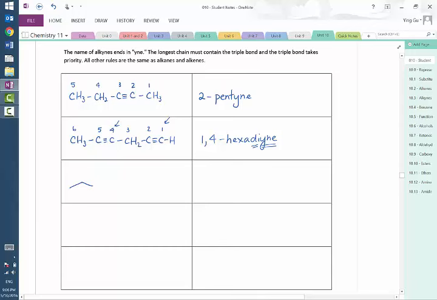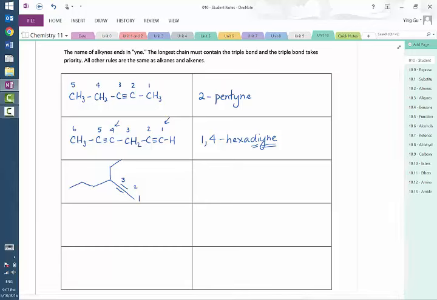Let's go ahead now and take a look at some line diagrams. Okay. Well, number 1, the triple bond takes priority, which makes numbering way easier than numbering alkanes. We don't have to worry about the pathway and what gets the lowest number set. When we have an alkyne, straight up, you number the chain with the lowest number at the carbon where the triple bond first occurs.